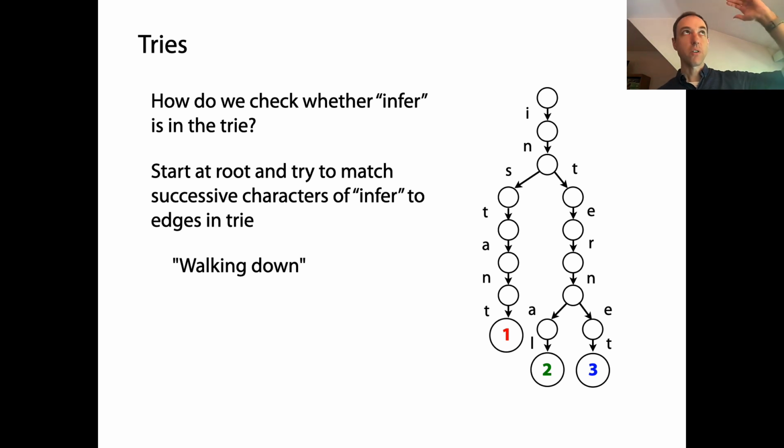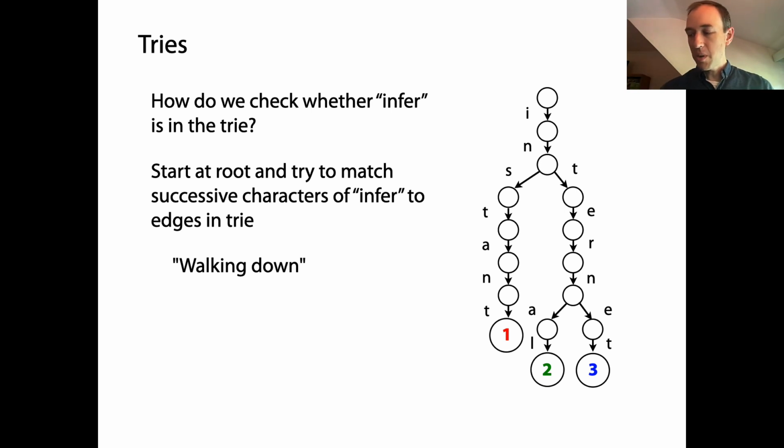So in this case, we're looking for a path labeled INFER. And a process like this where we start at the root and we look for a path labeled with characters from our query, again, because we're going to use this core idea so many times, I want to give it a name. I'm going to call it walking down. So we're going to walk down the trie according to the characters of infer and see what happens.